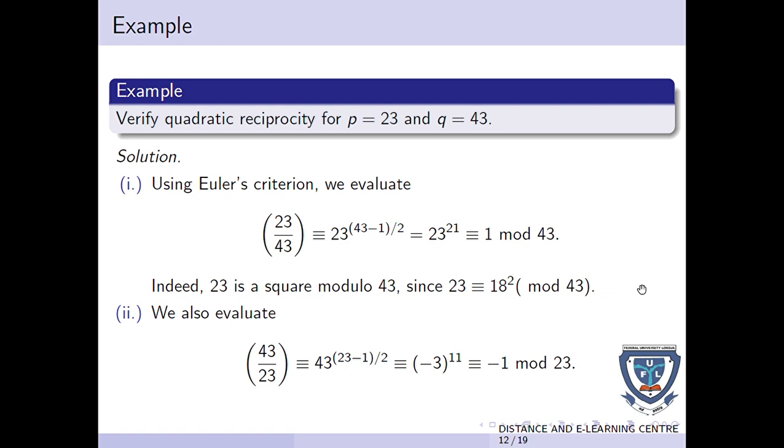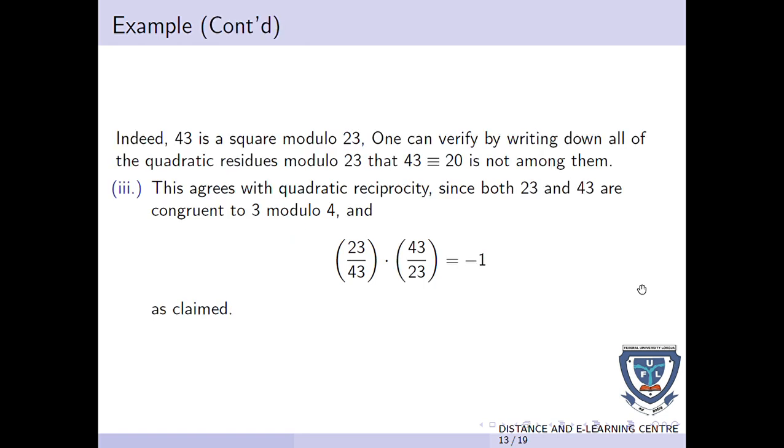For 43 over 23, when you also apply Euler's criterion, you're going to have minus 1 modulo 23. Indeed, 43 is not a square modulo 23, as one can verify by writing down all the quadratic residues modulo 23. This agrees with quadratic reciprocity since both 23 and 43 are congruent to 3 modulo 4, and their product will give us minus 1, as claimed.